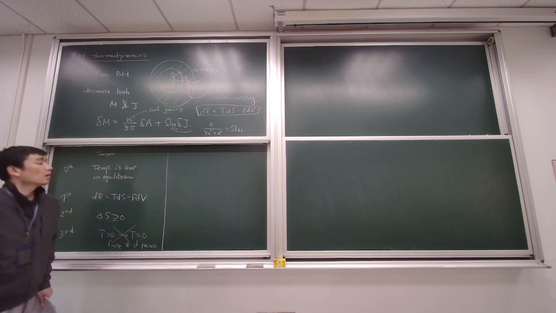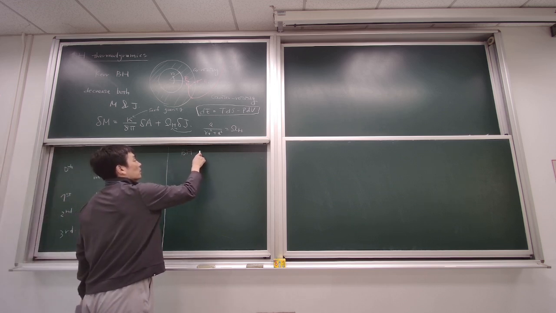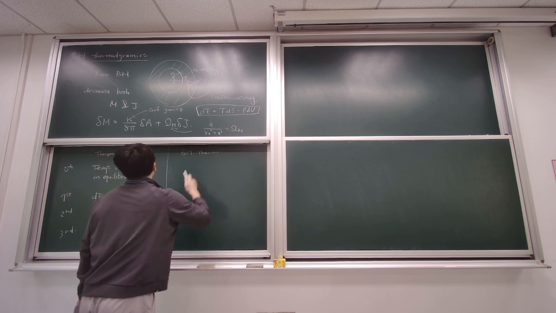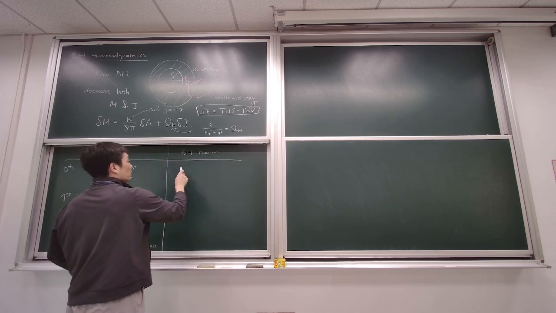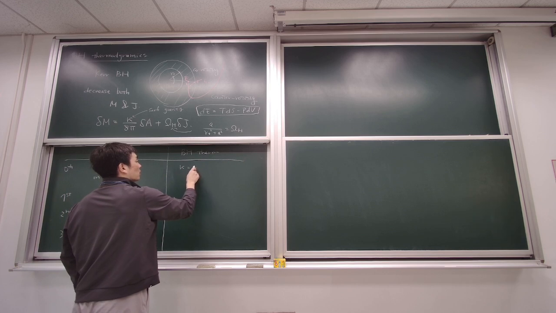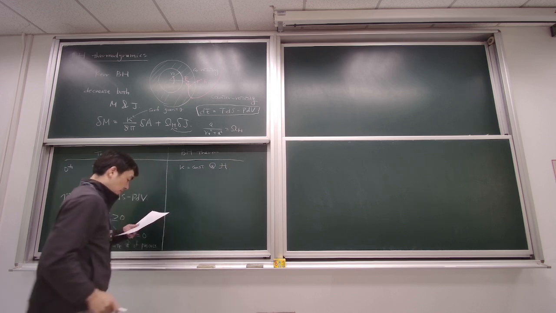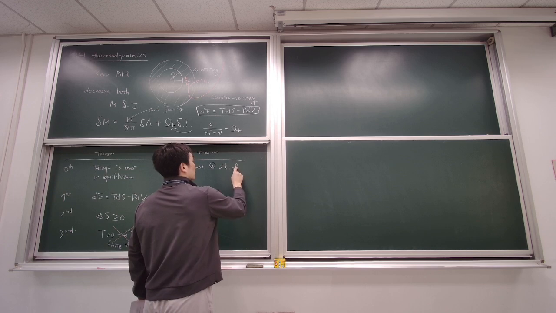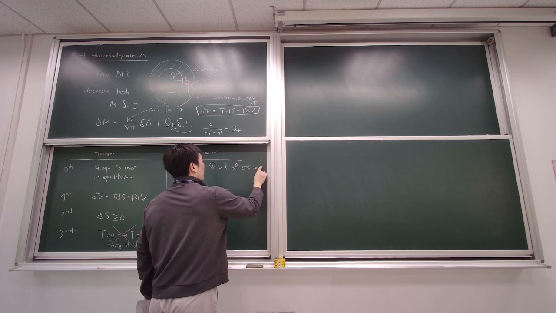And then black hole thermodynamics. What we are going to learn is the statement as follows. The zeroth law: surface gravity is constant at the horizon of a stationary black hole.